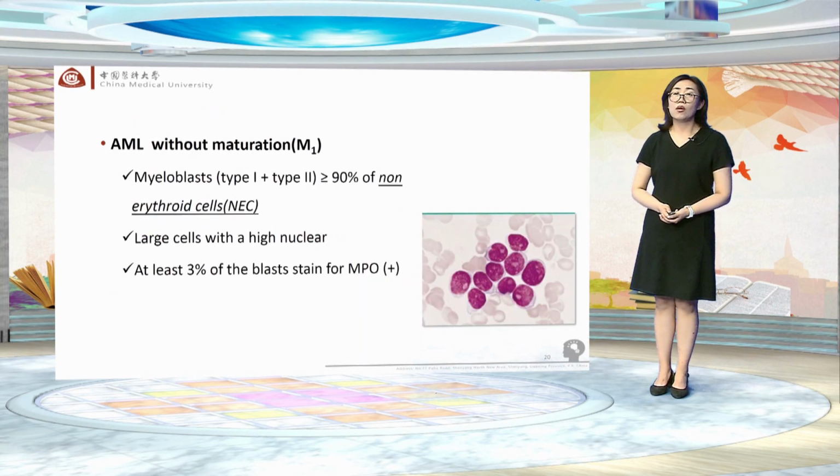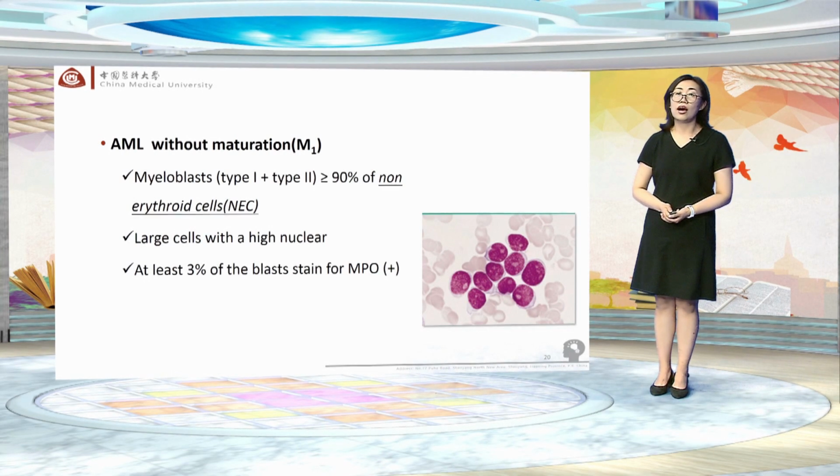M1 is the AML without maturation. The myeloblasts, type 1, which is without cytoplasmic granules, plus type 2, which is with few cytoplasmic granules, are at least 90% of non-erythroid cells, NEC, which are the nucleated cells except the plasma cells, lymphocytes, tissue basophils, macrophages, and the nucleated erythroid.